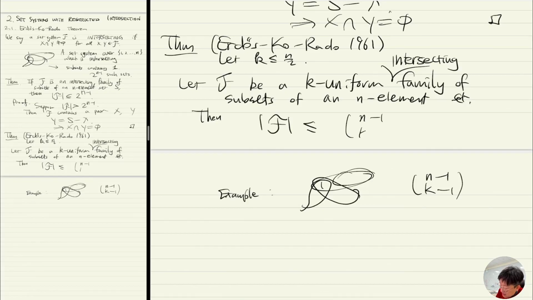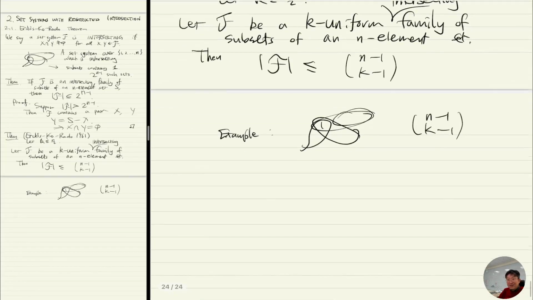So that's the bound that we expect, and this bound is tight if true, because we have an example. The original proof by Erdős-Ko-Rado is not as pretty as the proof that I'm going to show you now. This proof is due to Katona in 1972.